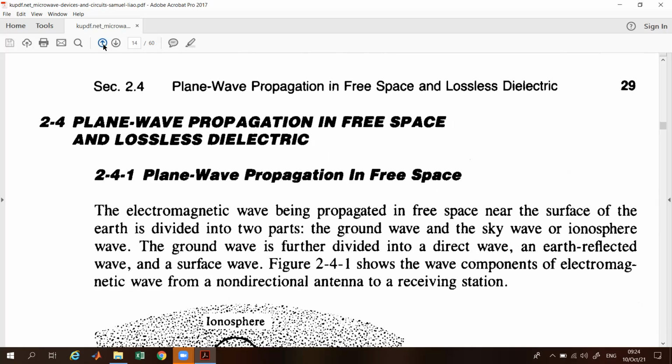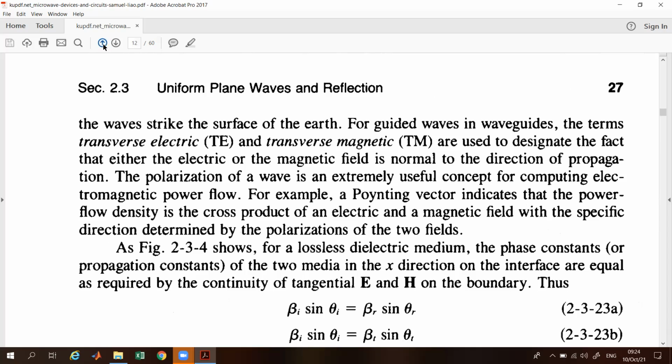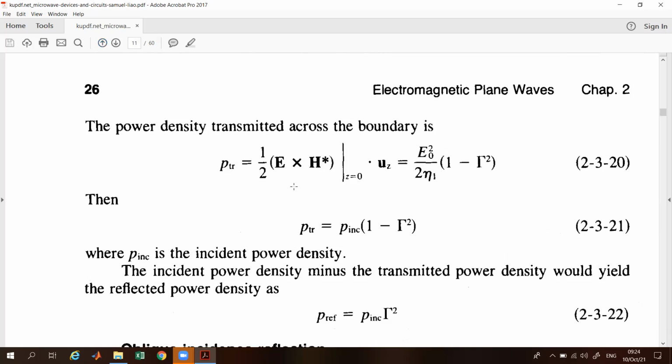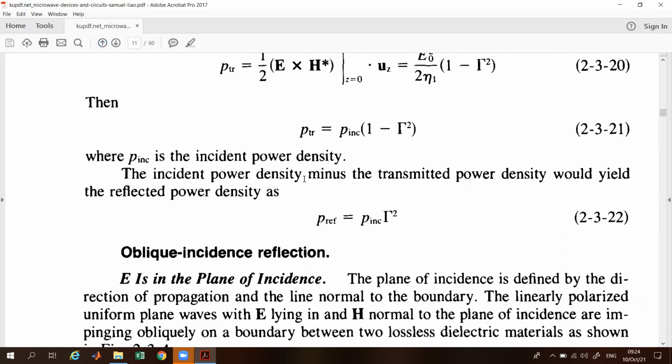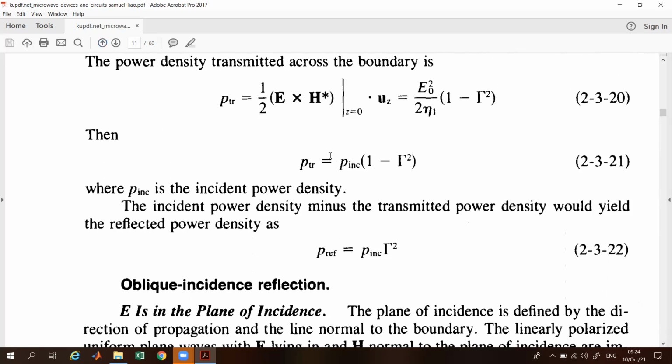Let's see here. If we have the incident power and the reflected power, and you want to find the transmitted power, then it will be this. Transmitted power will be the incident power minus the reflected power.